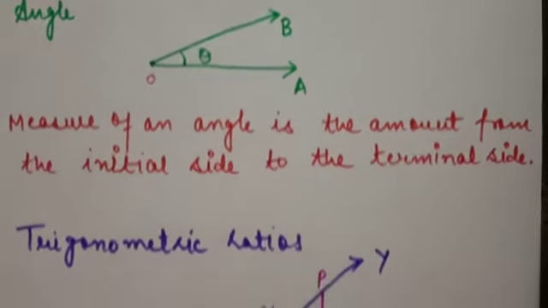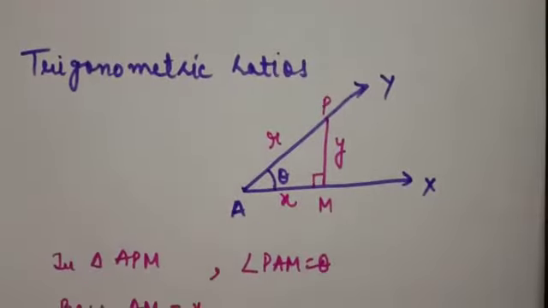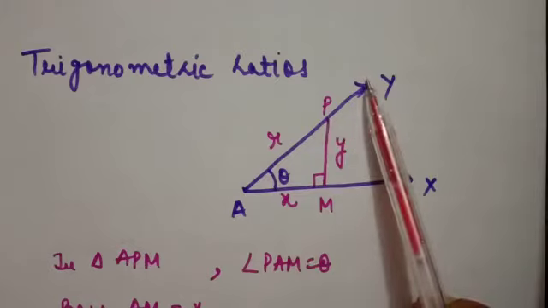Next is trigonometric ratios. So students, now we know what is the initial side and what is the terminal side. When we consider an angle YAX, which is an acute angle, we know that this is the initial side and this is the terminal side.